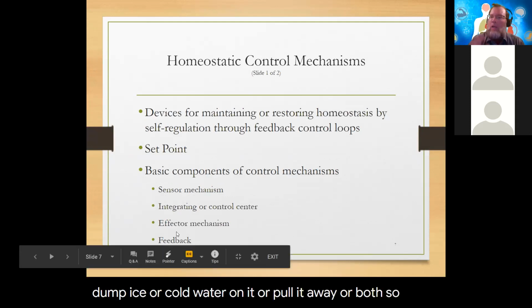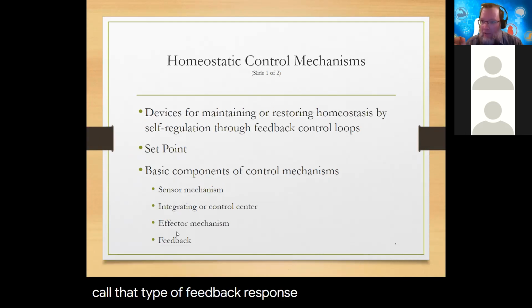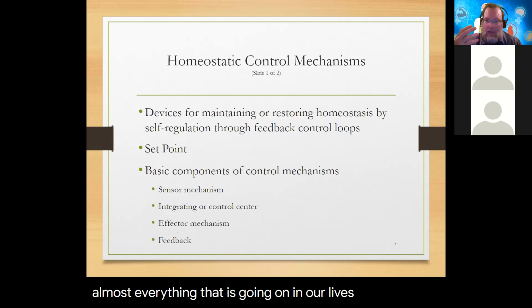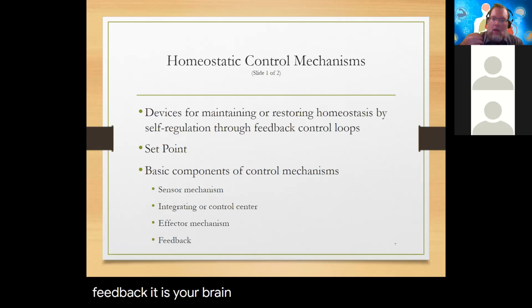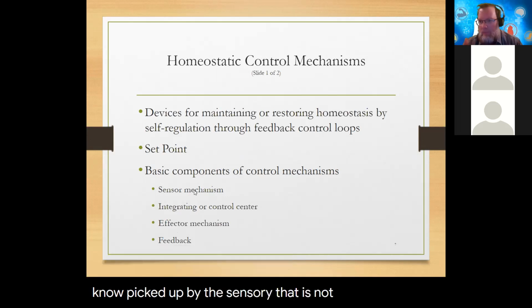So we call that type of feedback response negative feedback. Almost everything that is going on in our lives is negative feedback. It is your brain opposing a stimulus that is picked up by the sensory, that is not supposed to be happening.